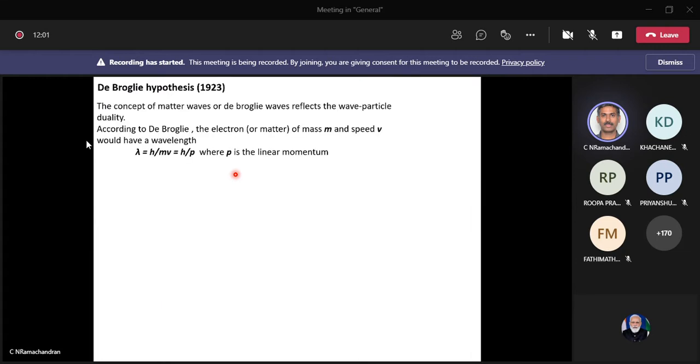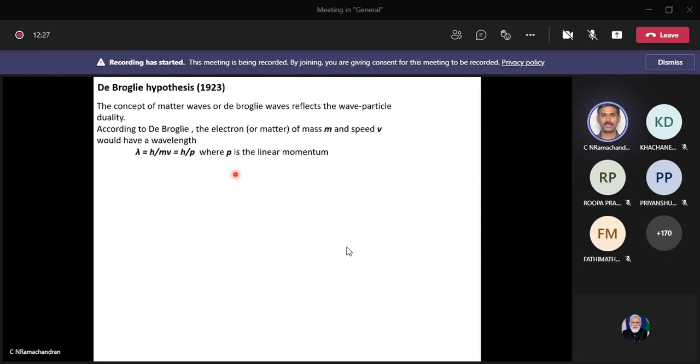So you know the concept of matter waves, or de Broglie waves. According to that, for any matter we can associate a wave corresponding to it. However, that wavelength is not that significant and is not discussed most of the time, especially for macroscopic particles.